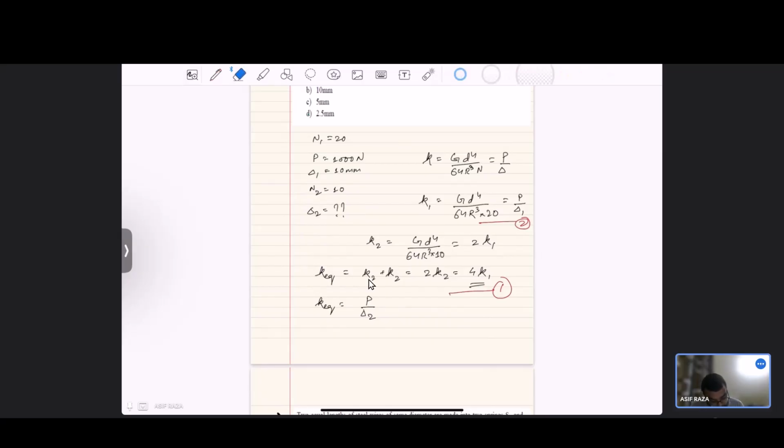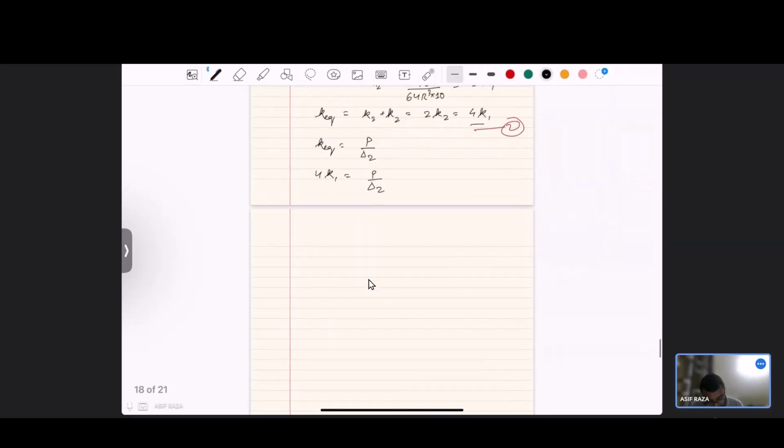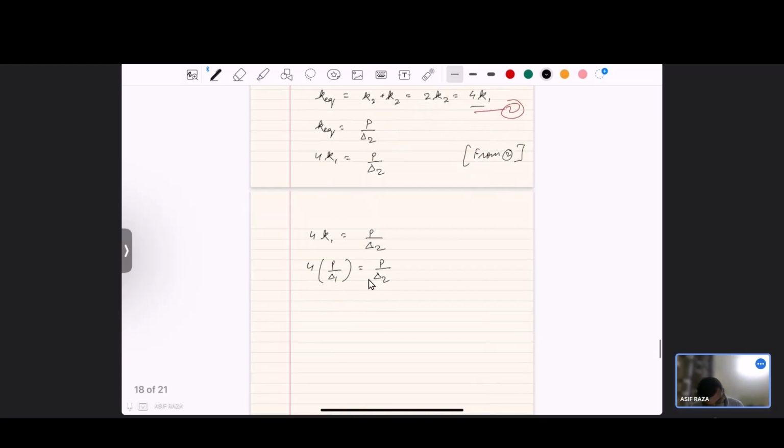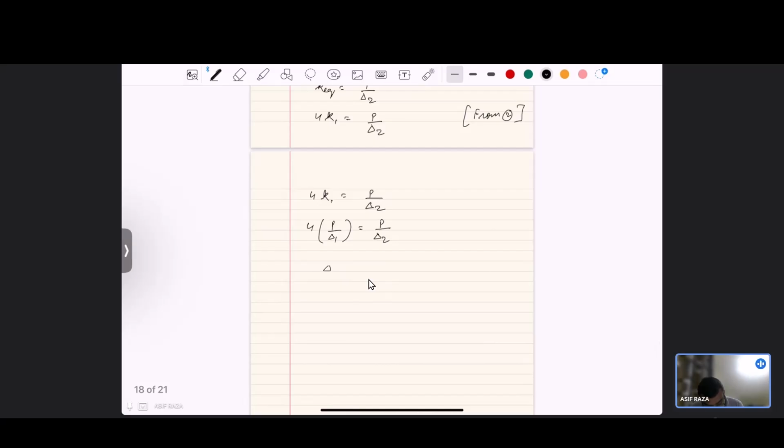Let us take it step by step. From K equivalent equal to 4K1, and K1 equal to P by delta 1, 4K1 is equal to P by delta 2. So 4 times P by delta 1 equals P by delta 2. P gets cancelled out. Delta 2 can be written as delta 1 by 4.